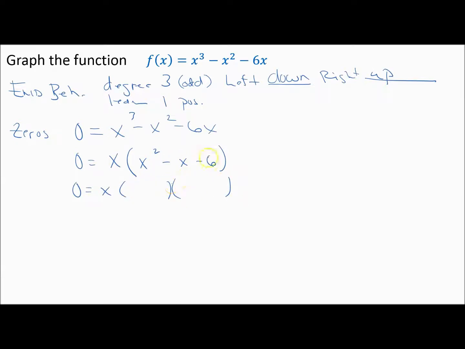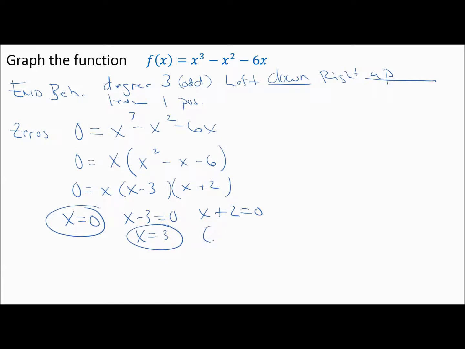We're trying to find numbers that multiply to be -6 and add to be -1. And those are -3 and +2. And then I set each one of these factors separately equal to 0. Even the x, because the x is a factor with a variable. So you have x equals 0, x equals 3, and x equals -2.